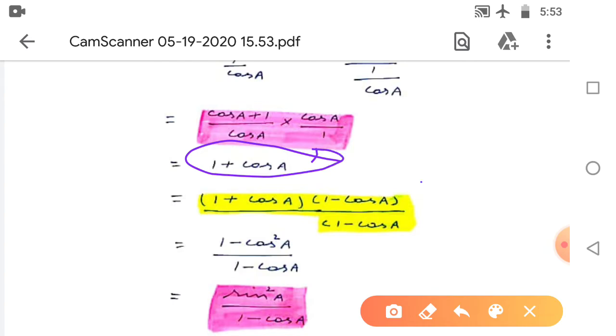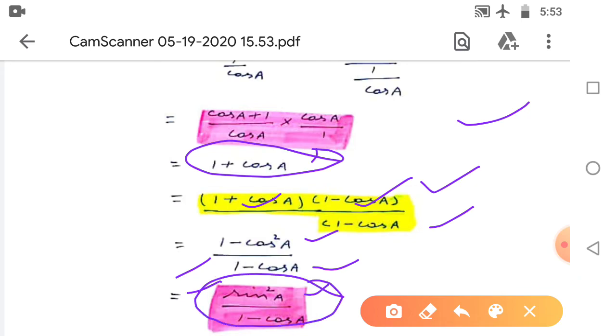We multiply numerator and denominator by 1 minus cos A. The moment we do this, my denominator is 1 minus cos A, which is there in the RHS of the question. And 1 plus cos A into 1 minus cos A is 1 minus cos square A. And 1 minus cos square A is sin square A. And this is my RHS.